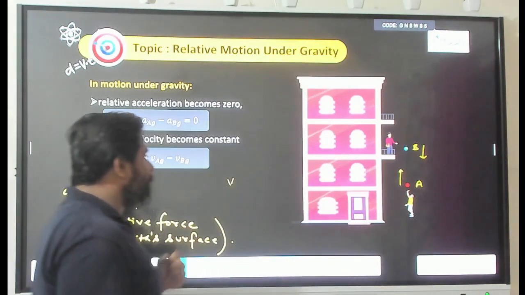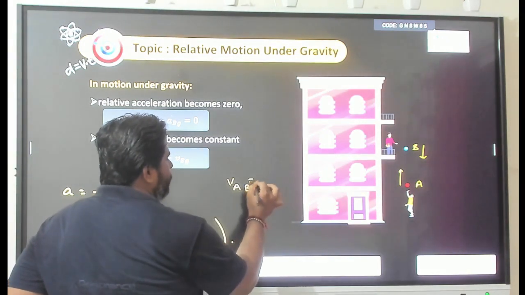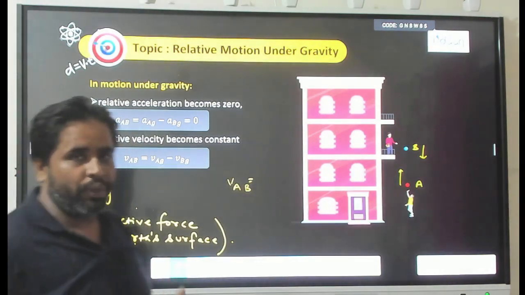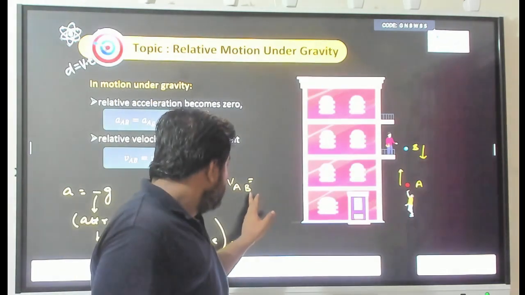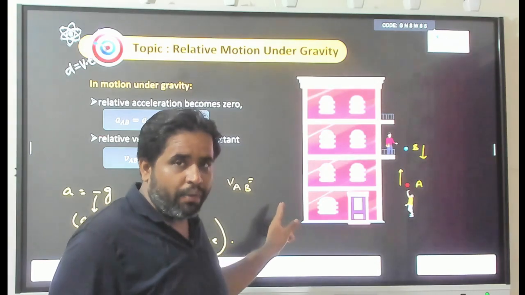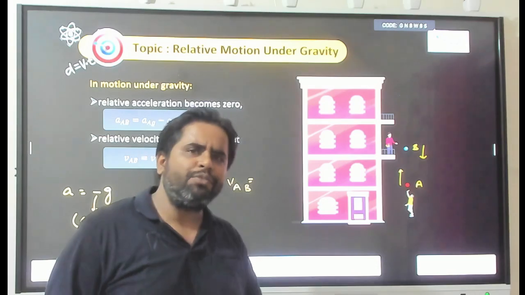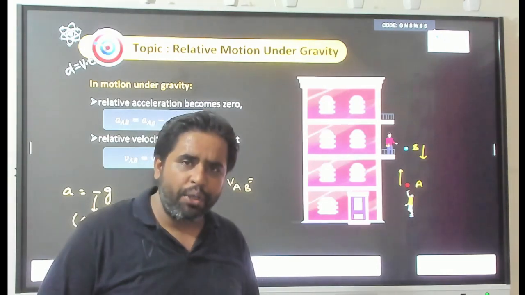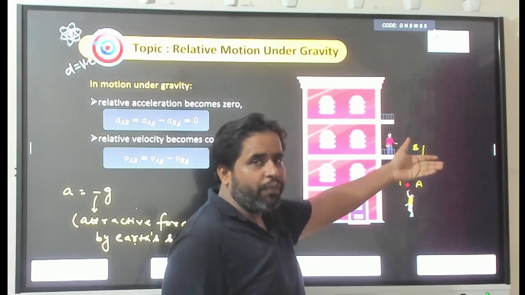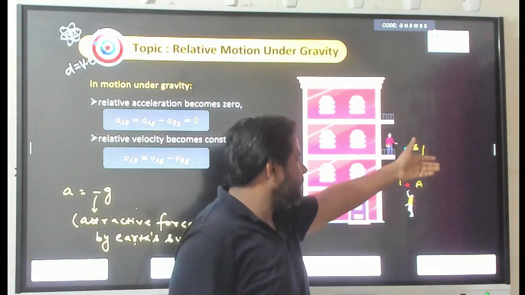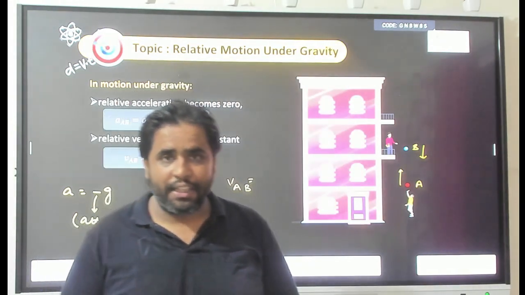If we need to find the velocity of A with respect to B, we make the frame with respect to which we are finding the velocity come to rest. In simple language, we reverse that velocity in the opposite direction with the same magnitude and add it here. That way we find the relative velocity.